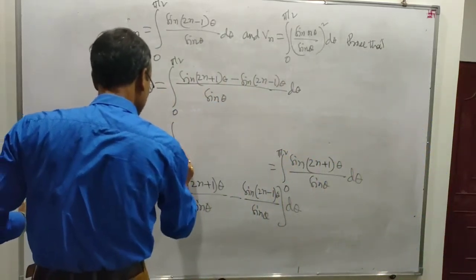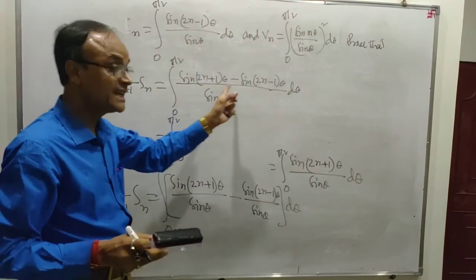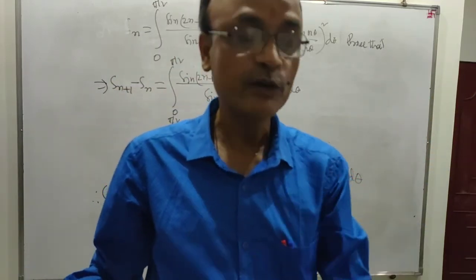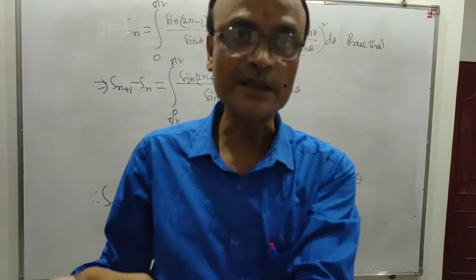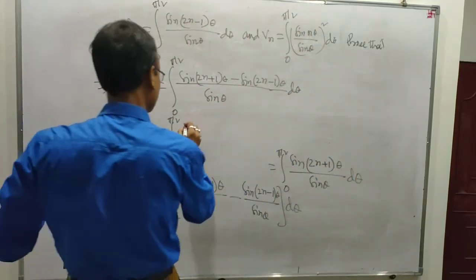This is equal to 0 to pi by 2. It is of the form sin c minus sin d. Sin c minus sin d equal to twice cos c plus d by 2 into sin c minus d by 2. I am going to apply this.